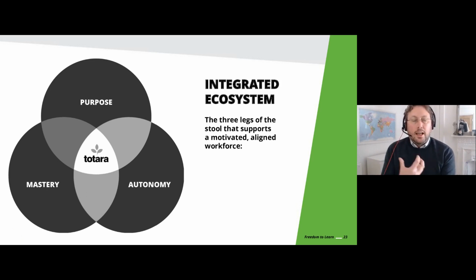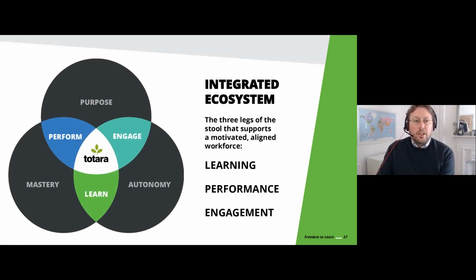But essentially, at Totara, we're bringing together those three motivators into a single ecosystem that you can take much more control over. Essentially, bringing together learning management, performance management, and engagement, as Alexander alluded to just earlier. They act as three legs of a stool.